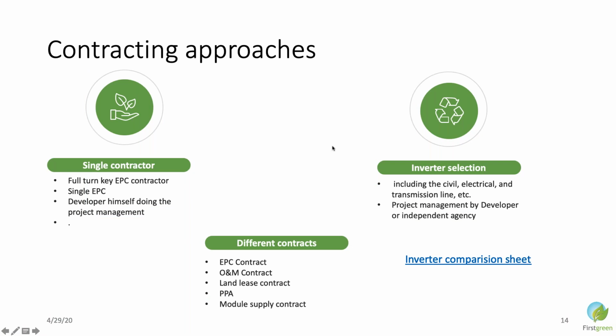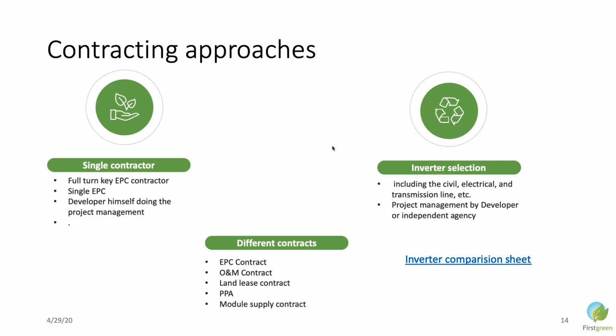Now we have reached a stage where we have finalized our project. Now we need to appoint an EPC contractor primarily. So this is the phase in which we need to finalize a couple of contracts. First is finalizing not only the EPC contractor, but there are other contracts, like the PPA, that also need to be signed.